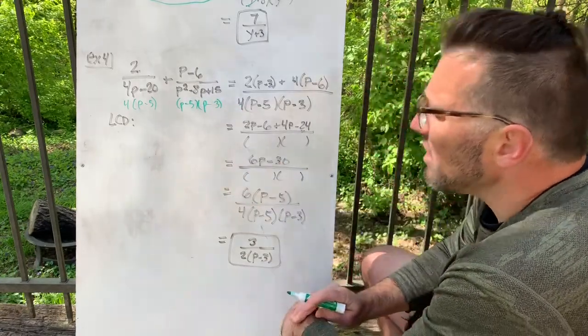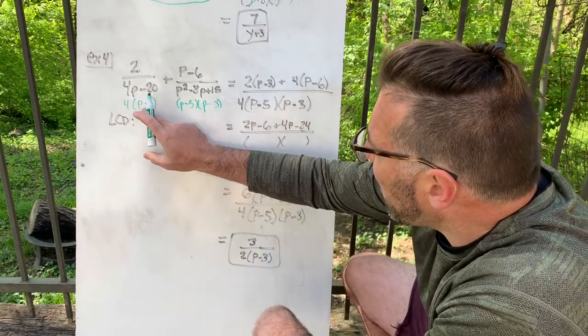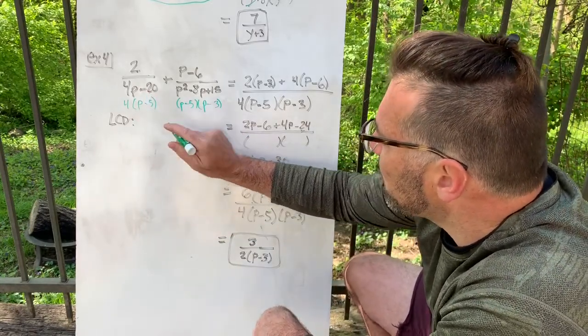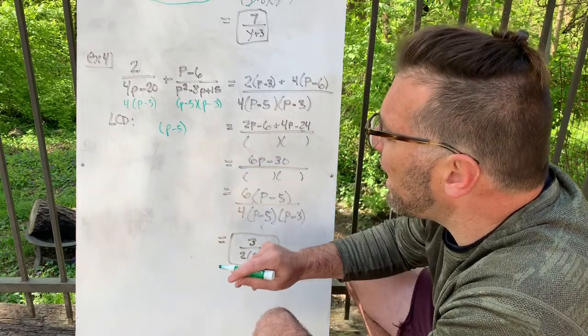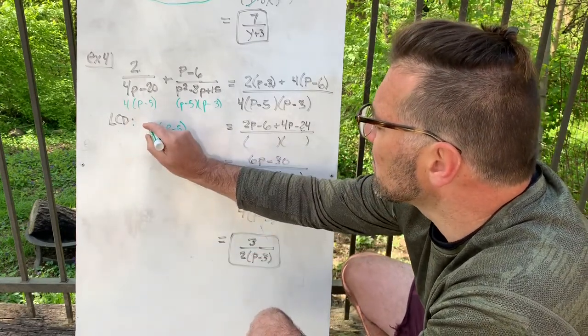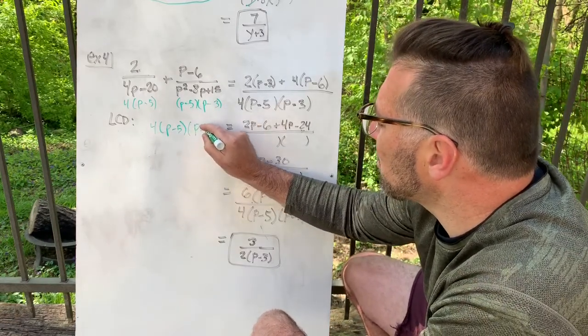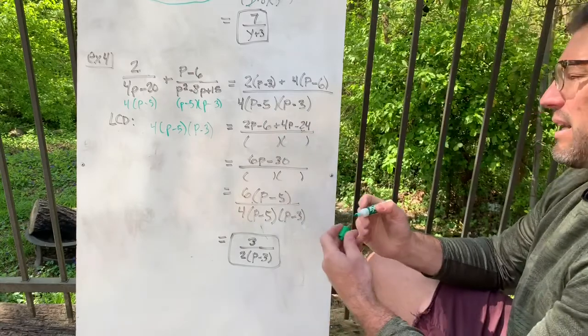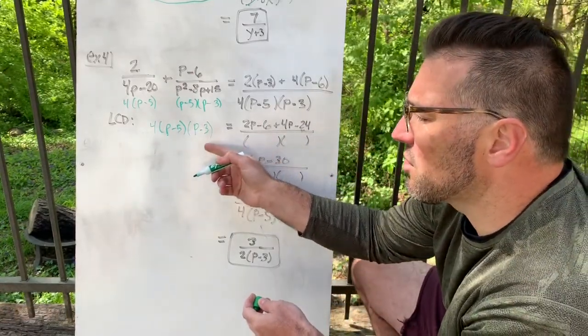Yep. So, what's our LCD? Well, let's see. They both have a P minus 5, so I need to include one P minus 5. This one has a 4, so I need a 4 in my LCD. This one has a P minus 3, so I need to include a P minus 3. So this whole expression here is my LCD. It's 3 factors.